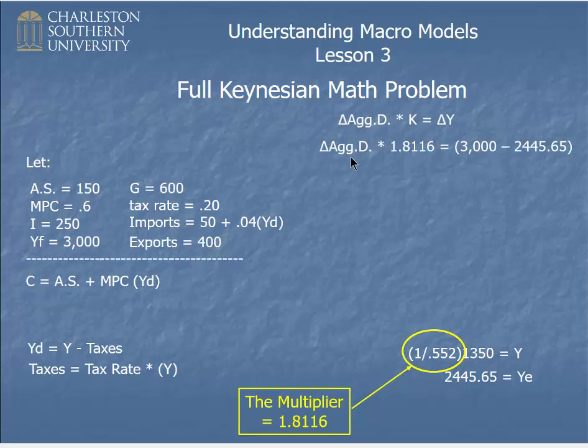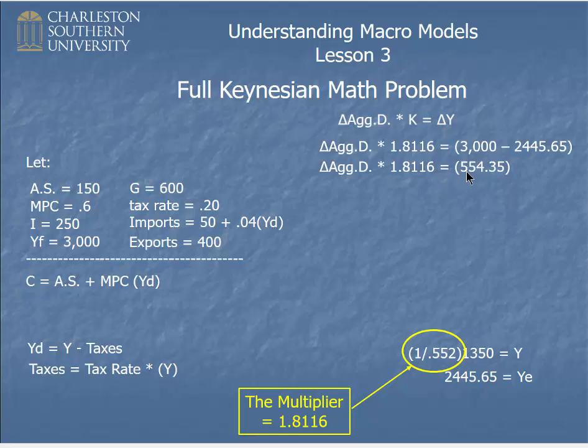Now the change in aggregate demand is the thing I'm trying to figure out. The multiplier is this thing, 1.8116. And the change in income I need to be there. And this is where I am at the moment. So the change in income is the difference between where I need to be and where I am. This is the change in income I'm looking for.